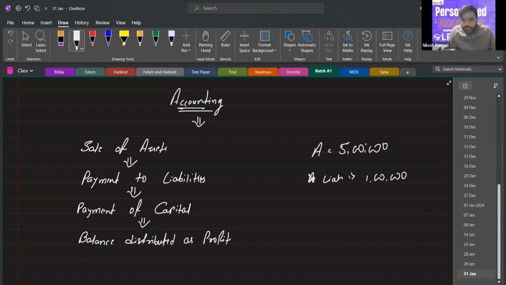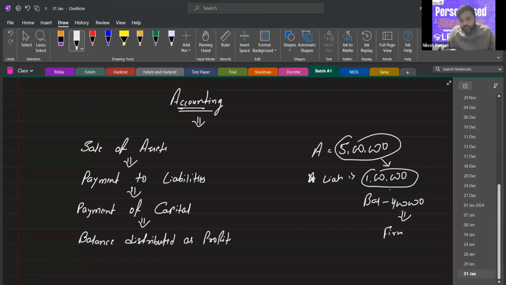First he will pay this 1 lakh from the 5 lakh. He will utilize his personal assets first for his personal liability, then the balance of 4 lakh will be brought into the firm. So this is the normal process.